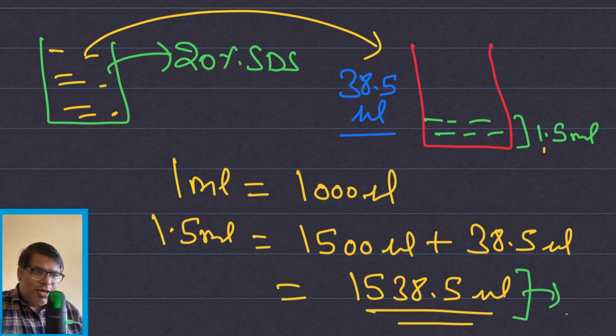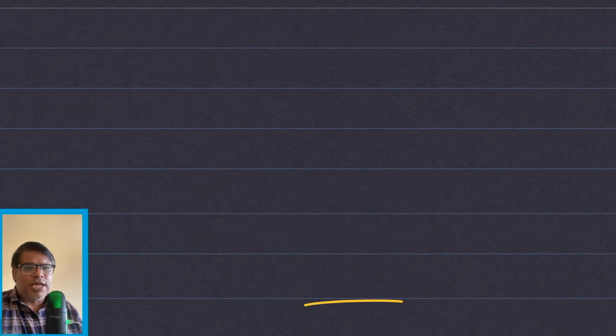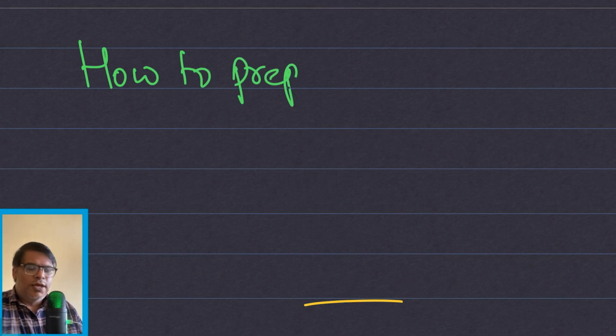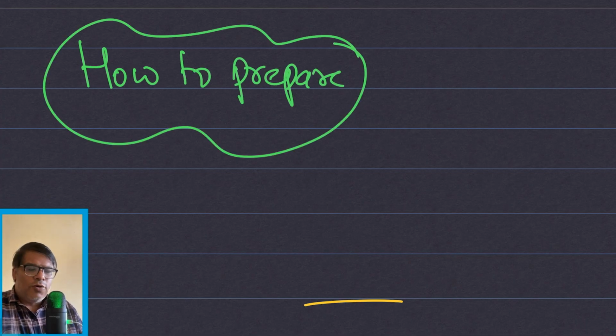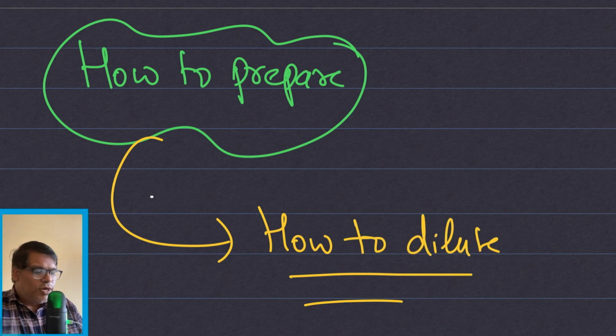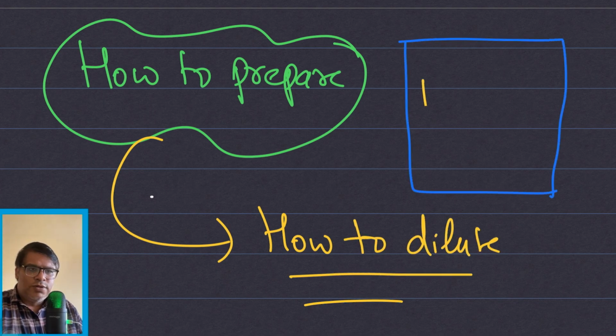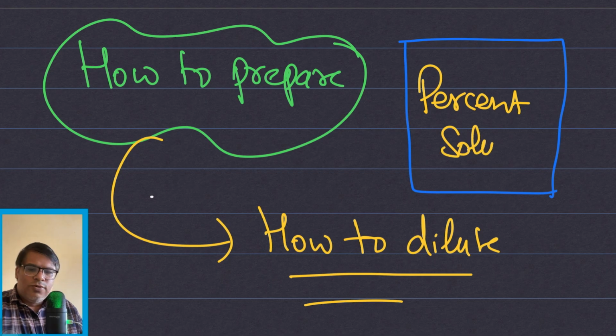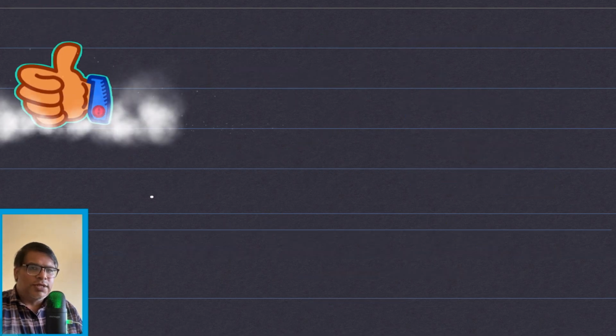Hopefully it is clear how you are going to solve such numerical problems. From this video, hopefully it is clear how you can easily prepare percent solutions and how you can dilute them.